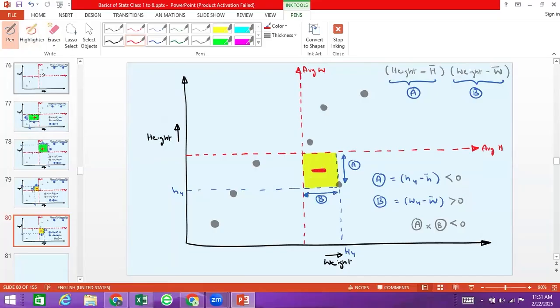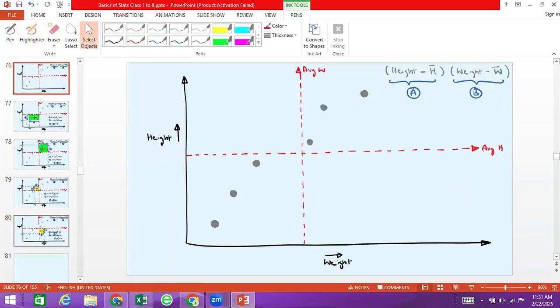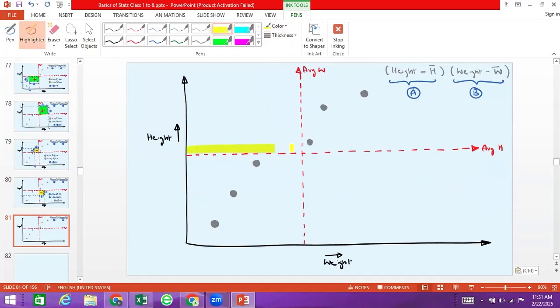Okay, let me now generalize it. Everything which is here in this quadrant will project a negative area, the one which is marked in yellow, and here also.